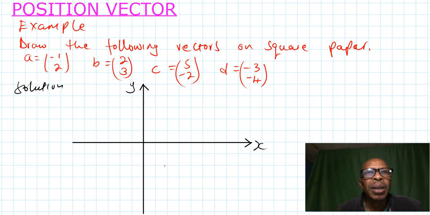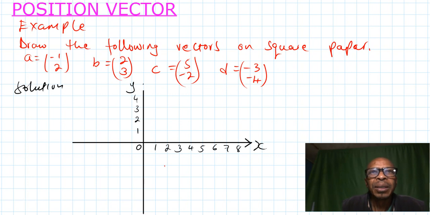So we say it is 0, 1, 2, 3, 4, 5, 6, 7, 8. We have 1, 2, 3, 4. Let's add here so that our points can be accommodated.